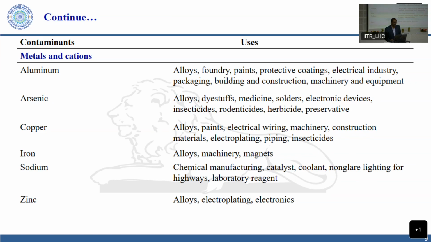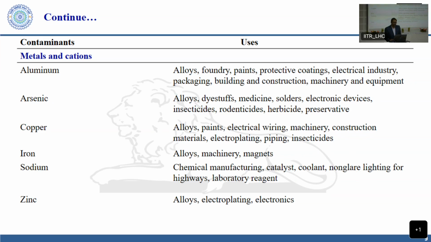Copper is also an alloy used for paints, electrical wiring, machinery construction. Mostly copper wire is used in the electrical and machine industry, and the motor coil is also made of copper here. Iron is used in machinery, magnets.